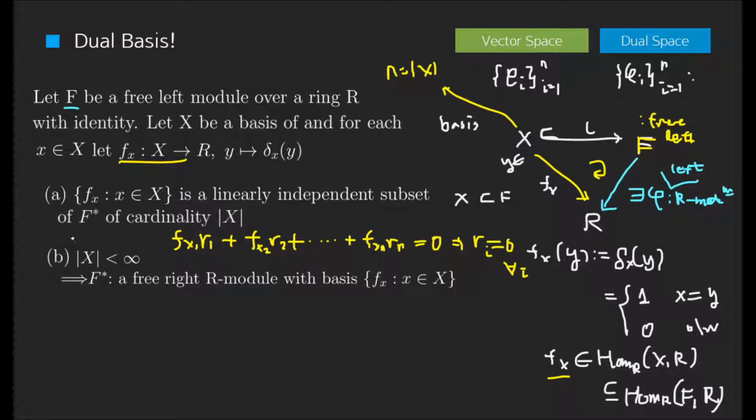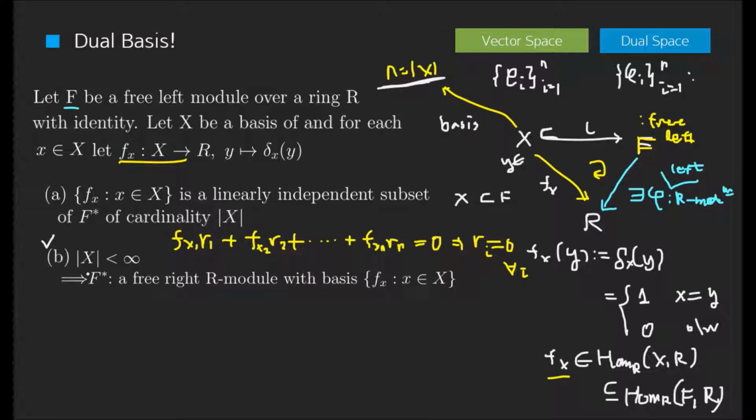And the statement of B: if X is finite, then, okay, this cardinality could be finite or infinite, but we are interested only in the finite case.